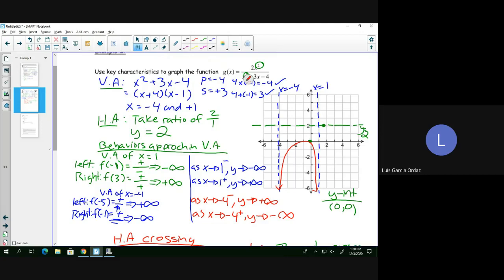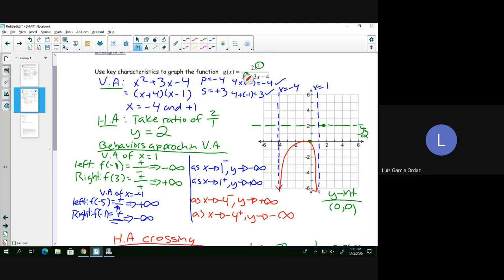Okay, I got one person saying yes. Okay, so for sketching these types of graphs, this is where the behaviors approaching the vertical asymptotes come in handy, okay? So we found our y-intercept. We found it to be 0, 0.